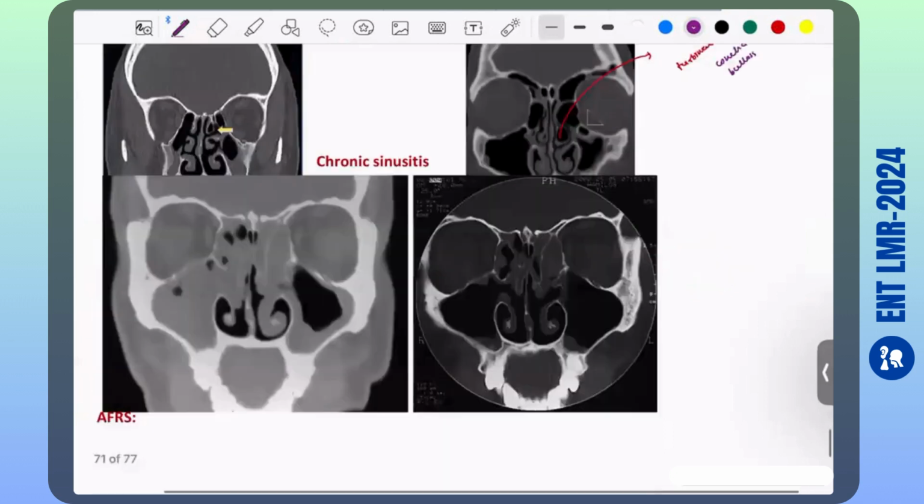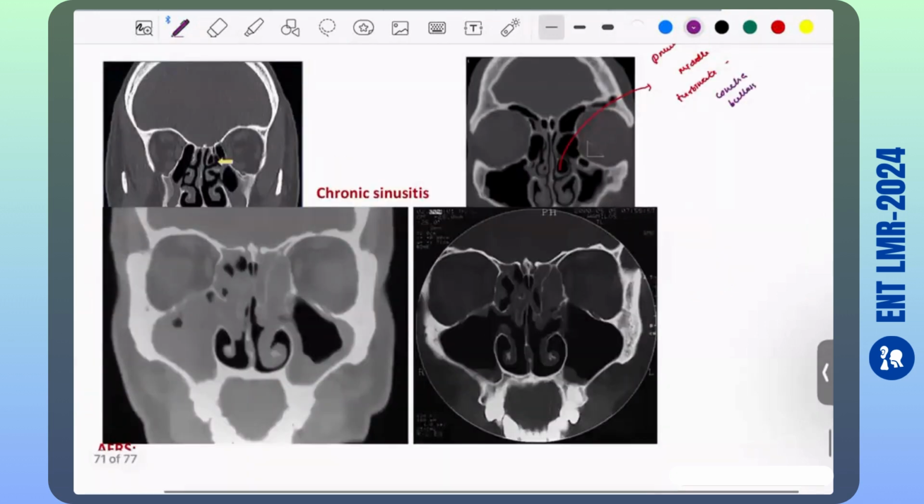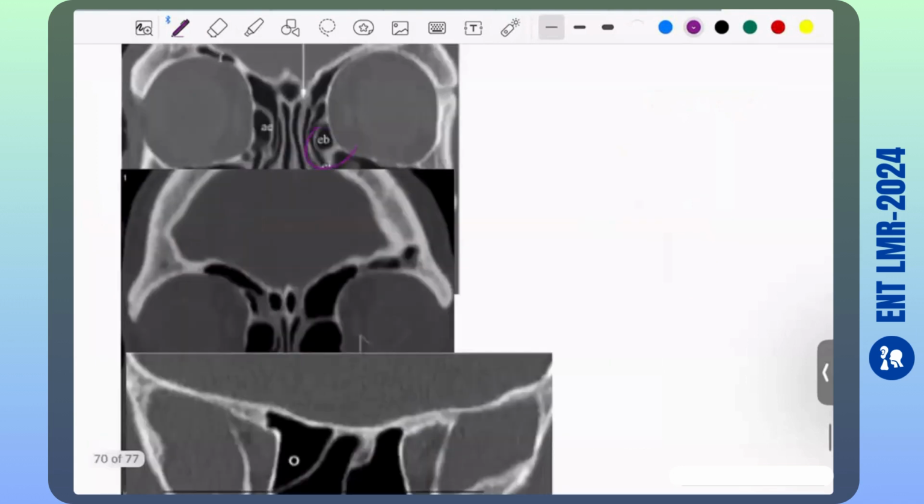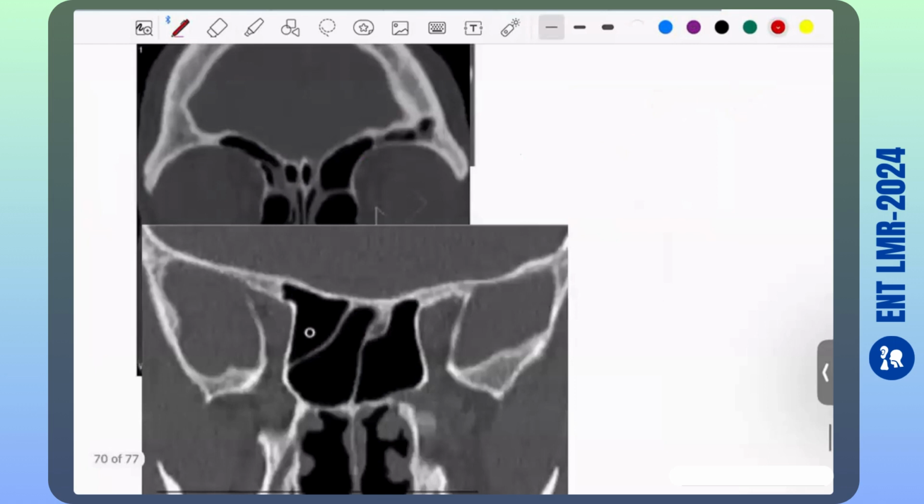Now, named ethmoidal air cells. The most constant and consistent air cell, ethmoidal bulla. Infraorbital cell is called Haller cell.